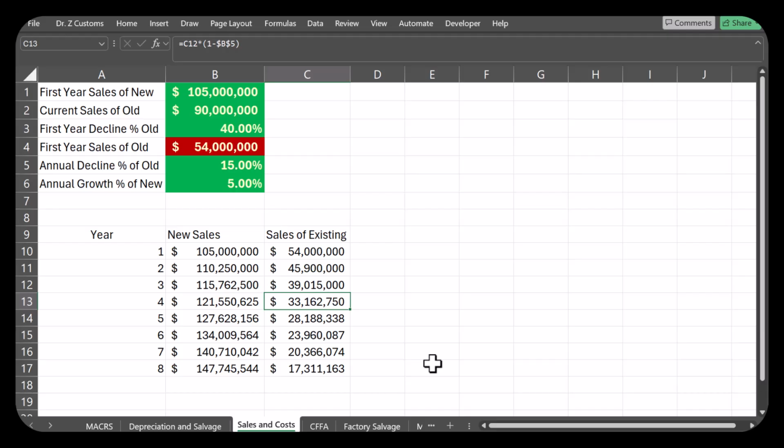so I need to look at, for example, for the first year, my net sales is going to be 105 minus my sales went down by $36 million, right? In the second year, 110, 250 minus 90 minus 45, 9. So let's calculate change in existing.